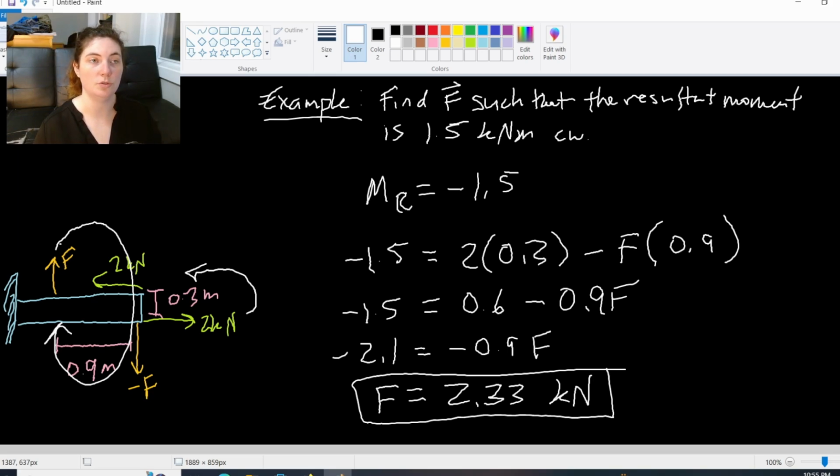So we can use it to find the forces, find the distances between those forces, or find resultant moments. Let's do one more example where we do look at finding the distance between the two vectors.